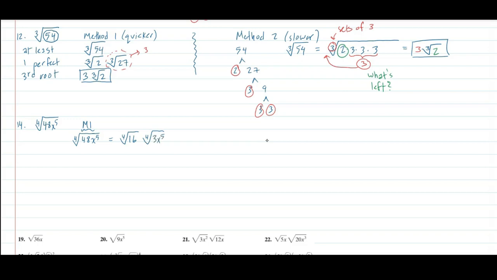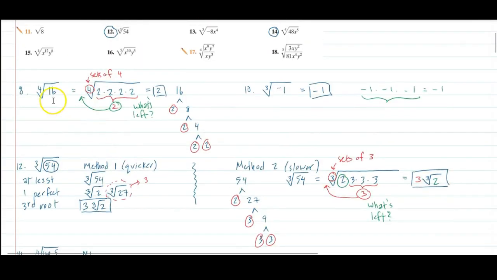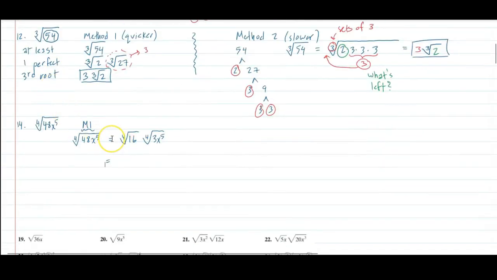We'll deal with the x to the power of 5 in a moment, right? But then what that'll do for you is if you go back to the result from number 8, you'll notice that we've already done the fourth root of 16. We know that the answer to that right there is actually a 2. So as far as the numbers are concerned, we've simplified that a little bit.